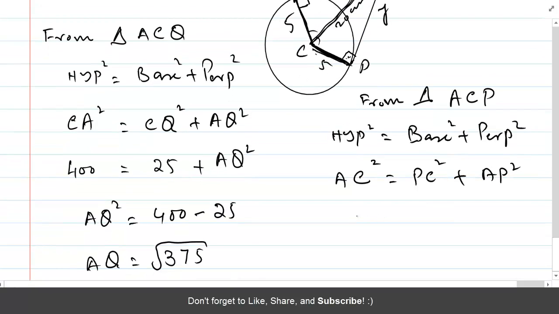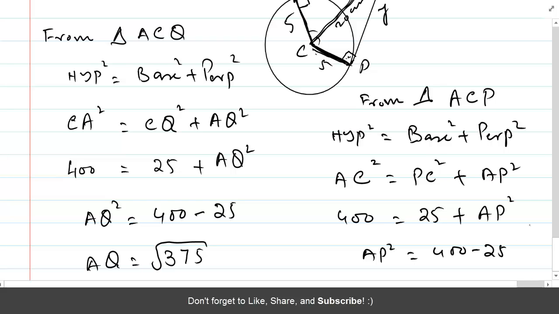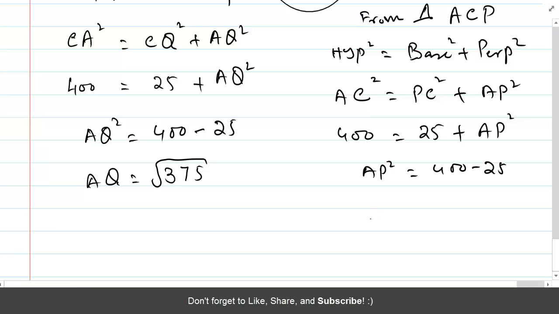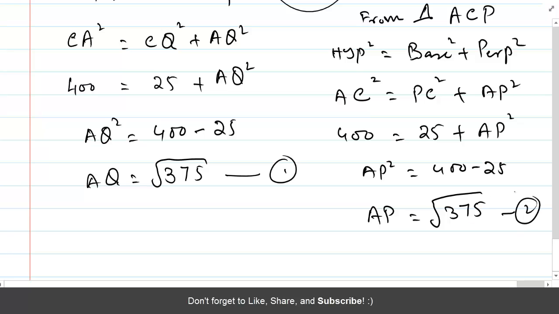This AC is 20 again, so this would be 400 equal to PC square, 25, plus AP square, and here AP square is equal to 400 minus 25, and AP is equal to the square root of 375.